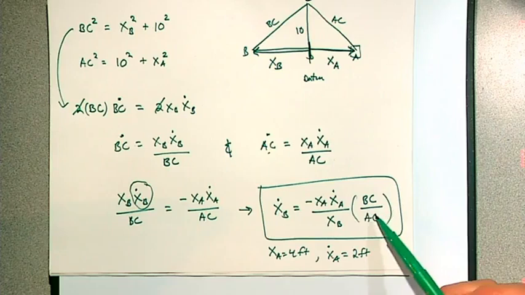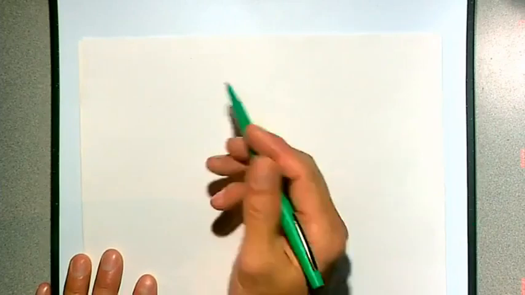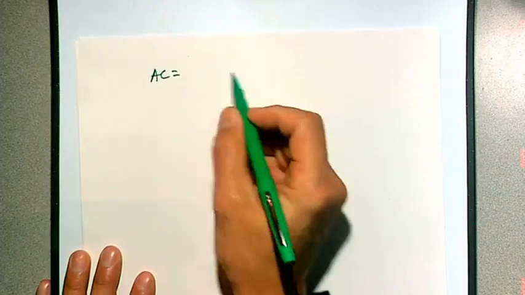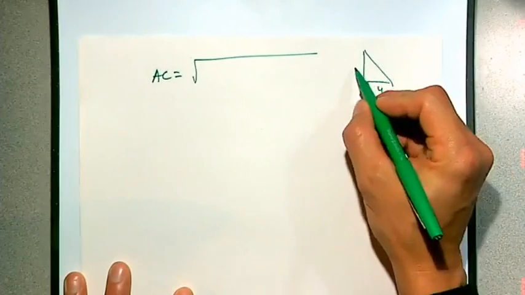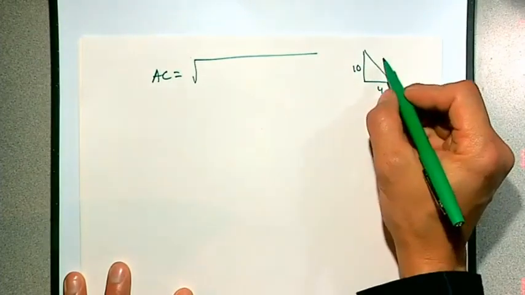These other guys, we don't know, but we can get them all from geometry. So AC, this distance here that we need, that's just going to be our 4 feet and our 10 feet. This is AC.